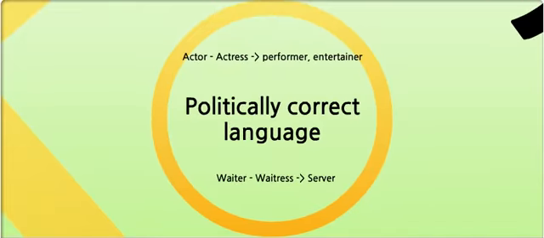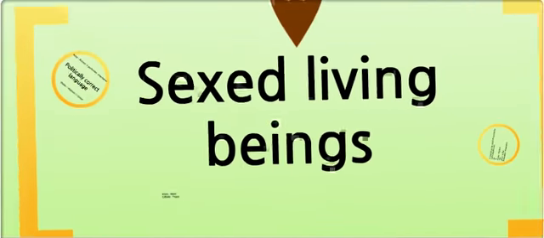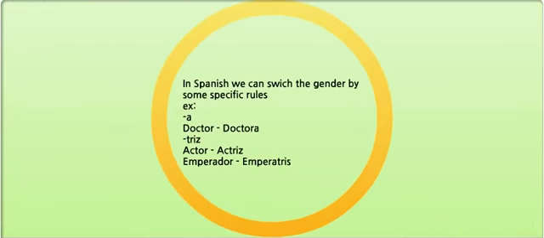So, politically correct language. In Spanish, we have something funny, because we can, as in English, change from masculine to feminine just by adding some characteristics. We have here a little example of these rules. For instance, we just add an a at the end, and we have doctor, that is the masculine, and then doctora, which is the feminine.